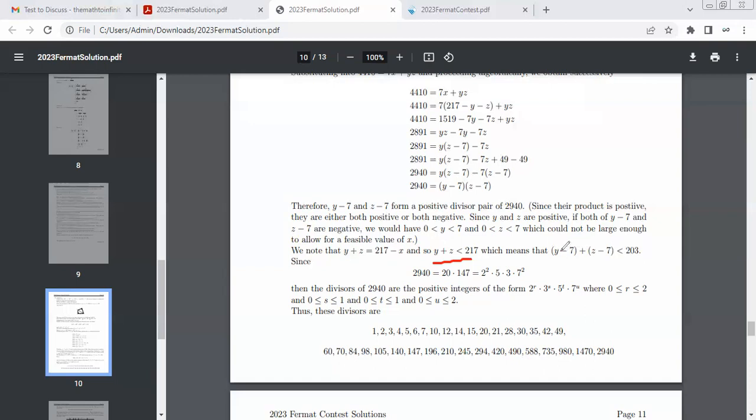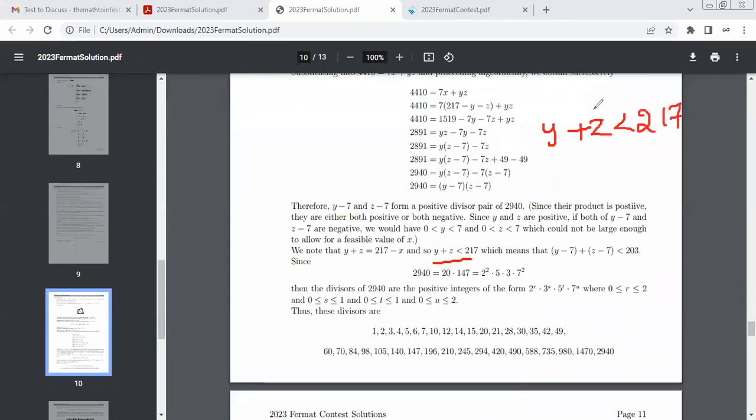Okay, so they're saying that y minus 7 plus z minus 7 is less than 203. This I'm not sure. One minute, 203. How did they get that? Oh, I get it. So y plus z is less than 217.